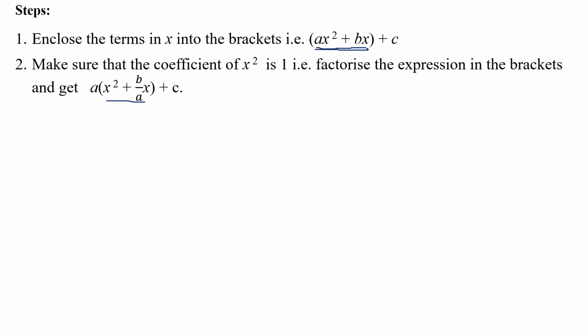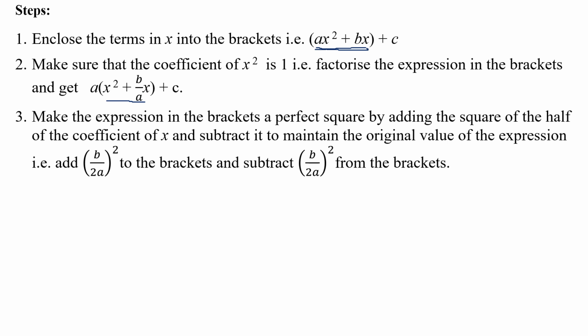Then the next step is to make the expression in the brackets a perfect square by simply adding the square of half of the coefficient of x and subtracting it to maintain the original value of the expression. In this case, the coefficient of x here is b over a.